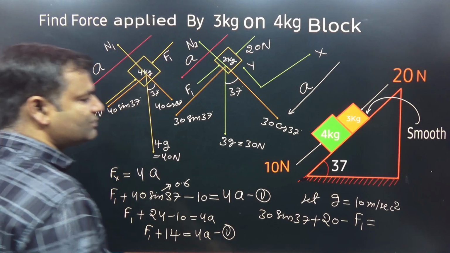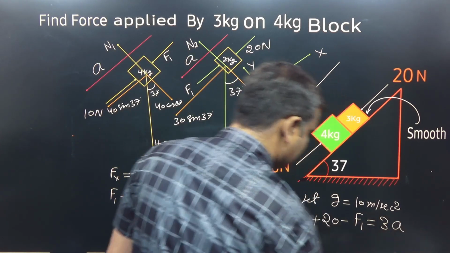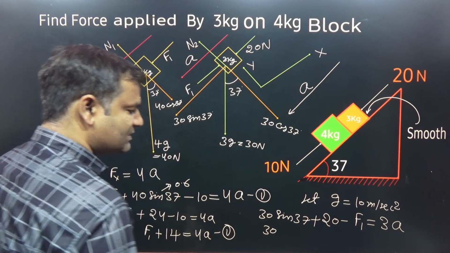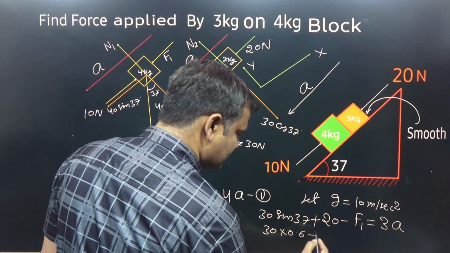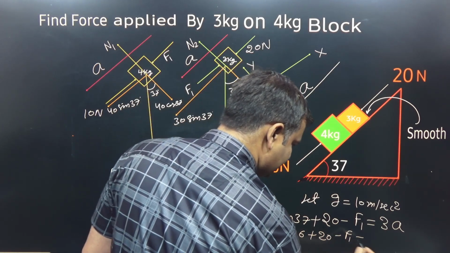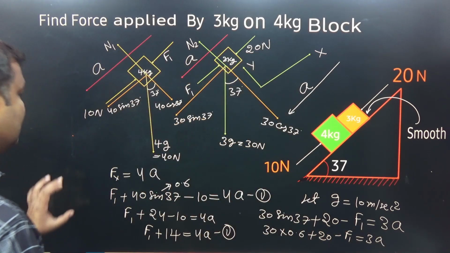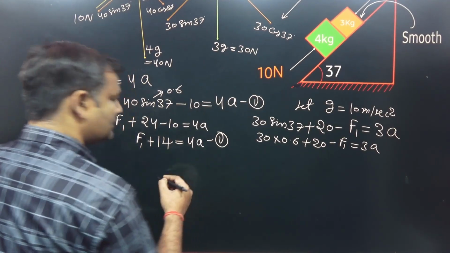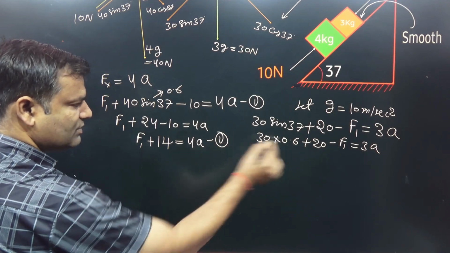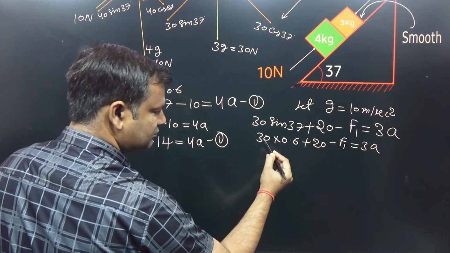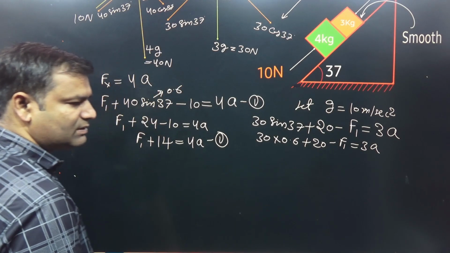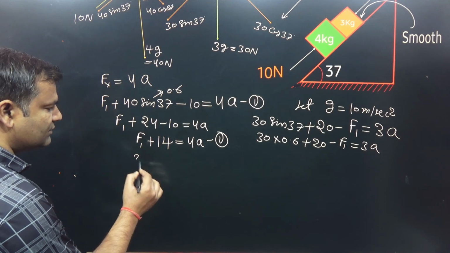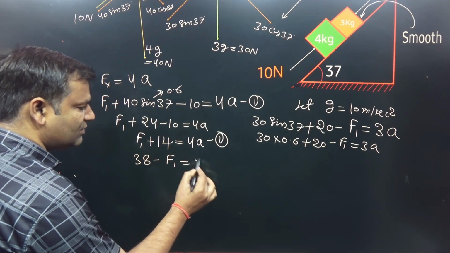This is equal to 3 into A. Sin 37 is 0.6, so 18 plus 20 is 38. So 38 minus F1 equals 3A.